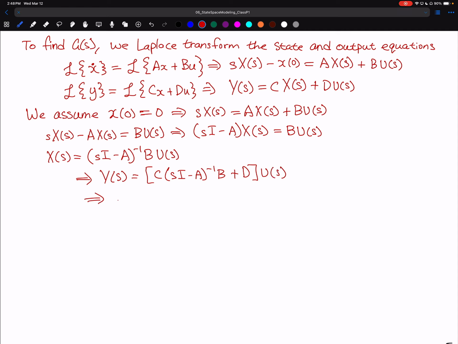Such that G of s is equal to C times sI minus A inverse B plus D. So I guess we did end up deriving it.